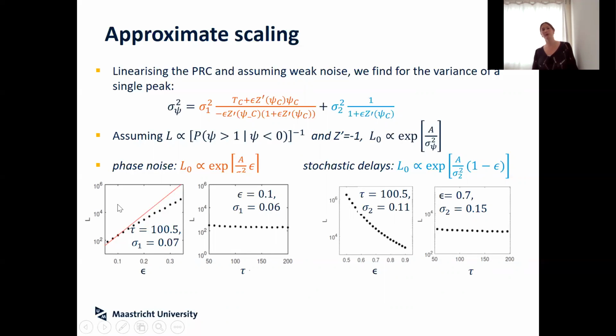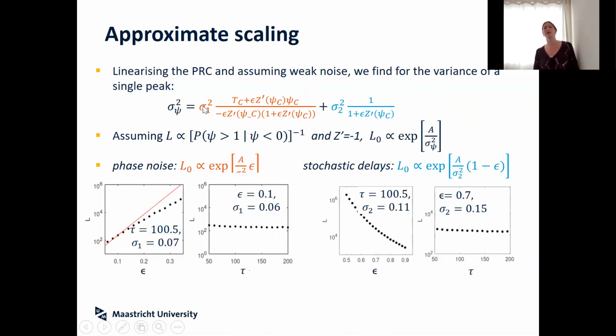You can then compute the variance of the reception phases. And from the variance, you can relate to the lifetimes by assuming that the probability that the phases become larger than 1 or smaller than 0 is proportional to the inverse lifetime, which leads to a lifetime that scales exponentially with the inverse variance.